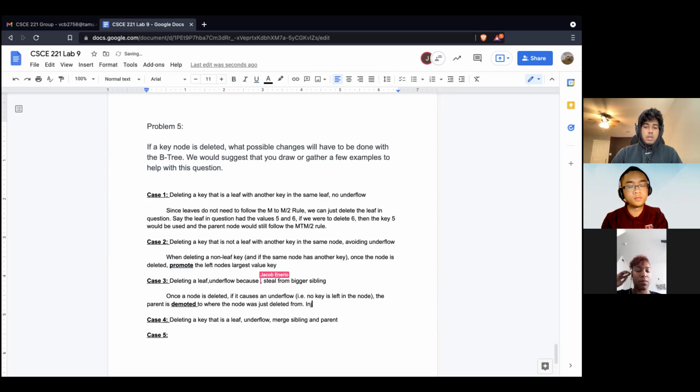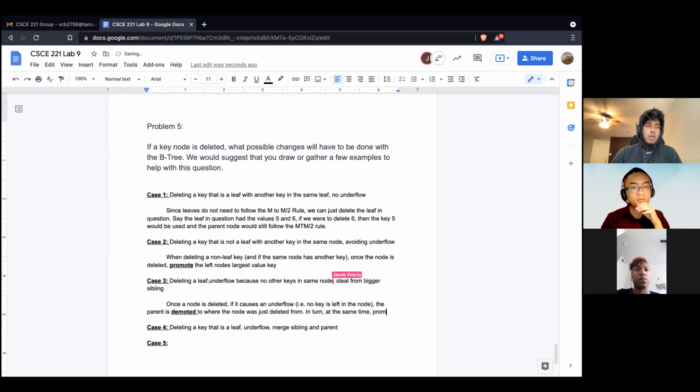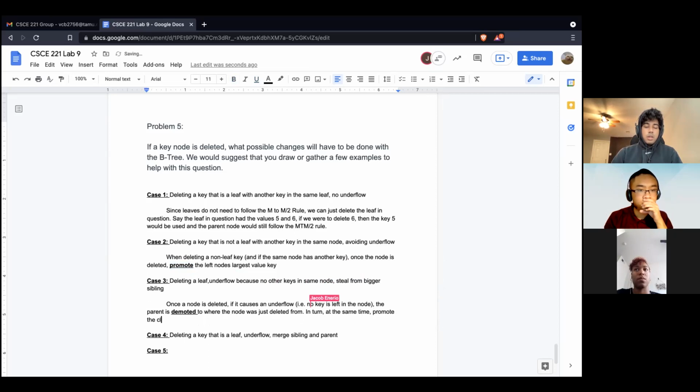In turn, at the same time, promote the closest sibling. So in their example, 1 was deleted, 3 was promoted, and 2 is a sibling of 4.